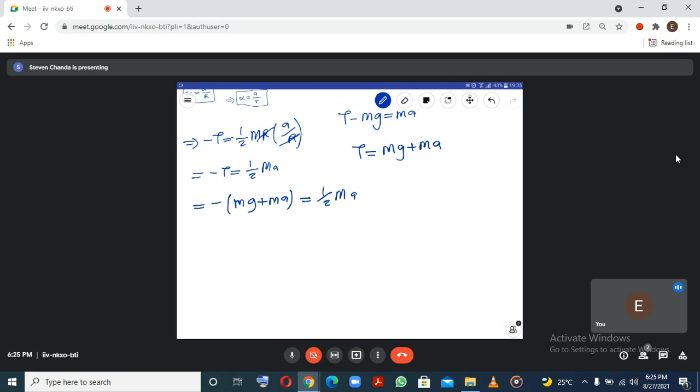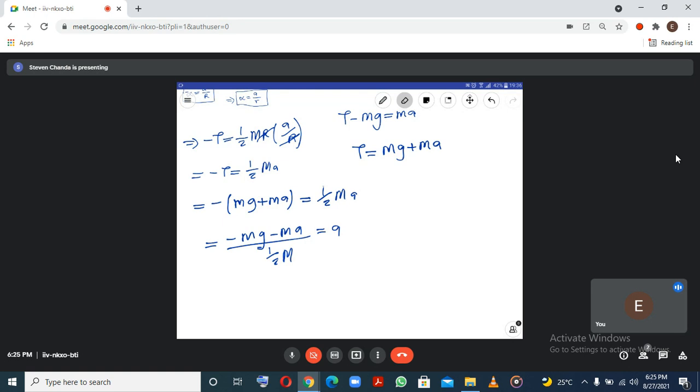If you want, you can multiply through by 2 to get rid of that half. That's something you could do. Or you can just say minus g, minus that, over half of the mass, like that.